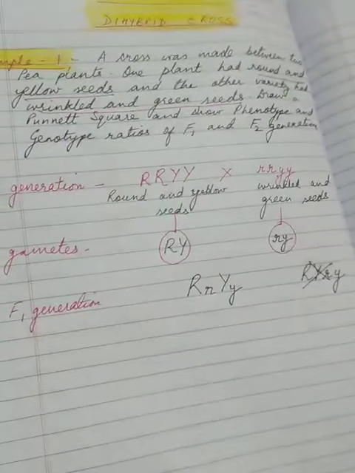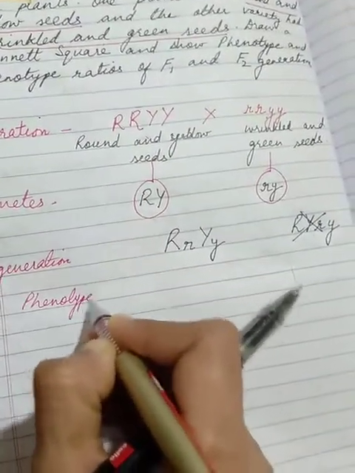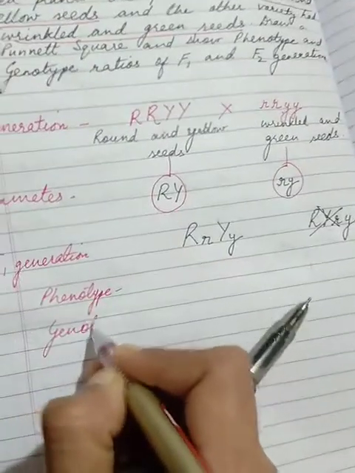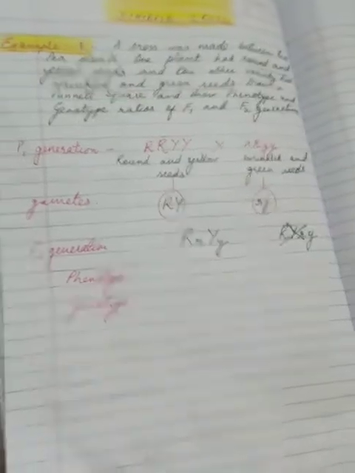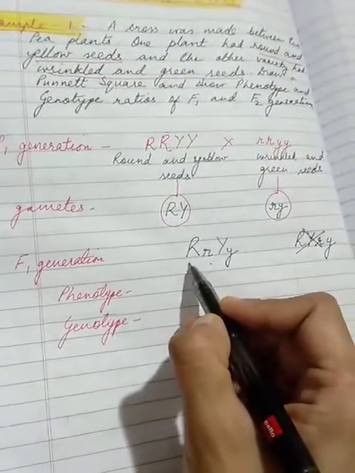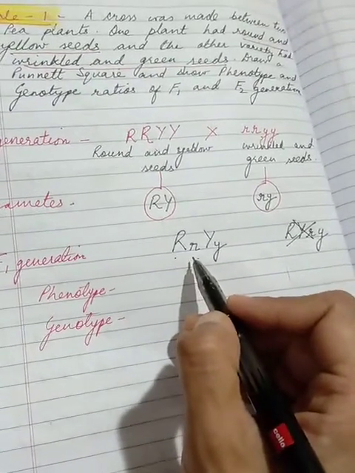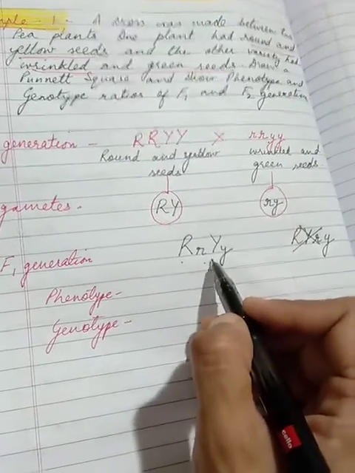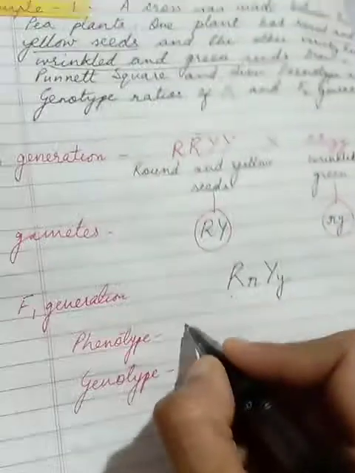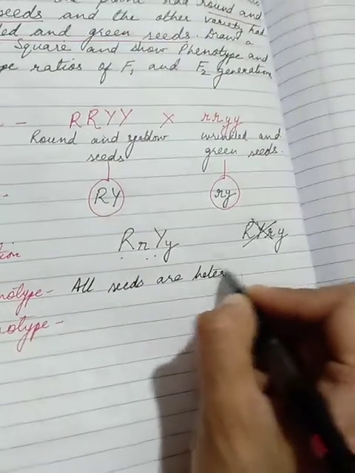Now what will be the phenotype of this progeny? Phenotype and genotype. Phenotype, as I told you, the physical appearance. What will be a seed with this type of combination? Capital R means yes, it will be round, even though it has one of the recessive parts here as the recessive gene, and this Y will be yellow. So all seeds are heterozygous.